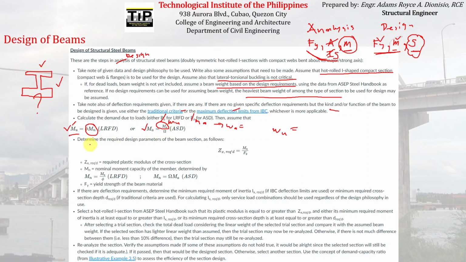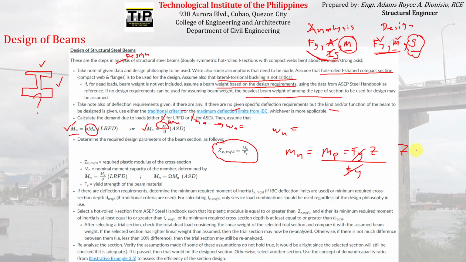Okay, and then after that, determine the required design parameters of the beam section as follows. Since you already computed the MN from here, you can just divide that by Fy to compute the required plastic section modulus. Since we know that the nominal capacity with respect to yielding is just equal to the plastic moment, which is just equal to the product of Fy and Z. Okay, so dividing both sides by Fy, Fy cancels here.